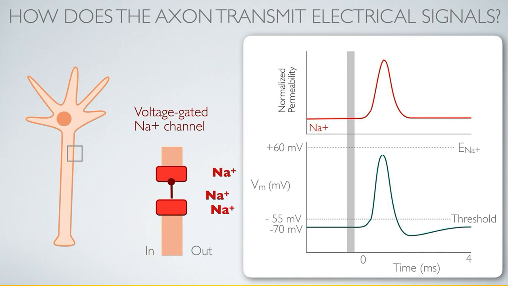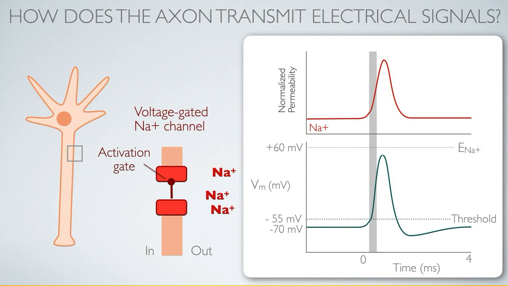That's shown schematically here as a little door, but in reality it's a region of a protein that blocks sodium flux across the membrane. That region is called an activation gate, and it opens provided the membrane reaches threshold, or exceeds threshold.